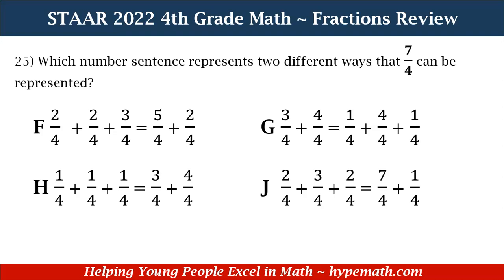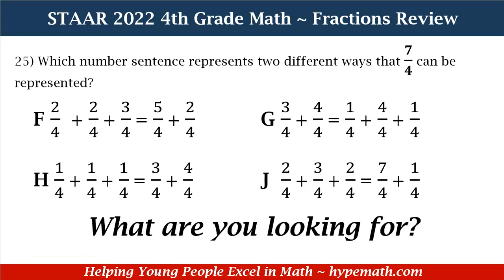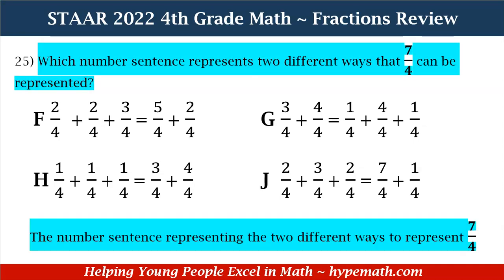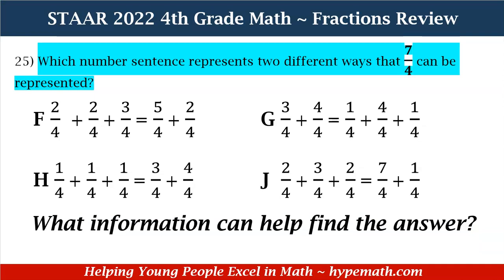And in order to answer this question, we must first ask ourselves, what are we looking for? Very important question. We are looking for the number sentence representing 2 different ways to represent 7/4, okay? Now that we know what we're looking for, the next question we're going to ask ourselves is, what information can help find the answer?